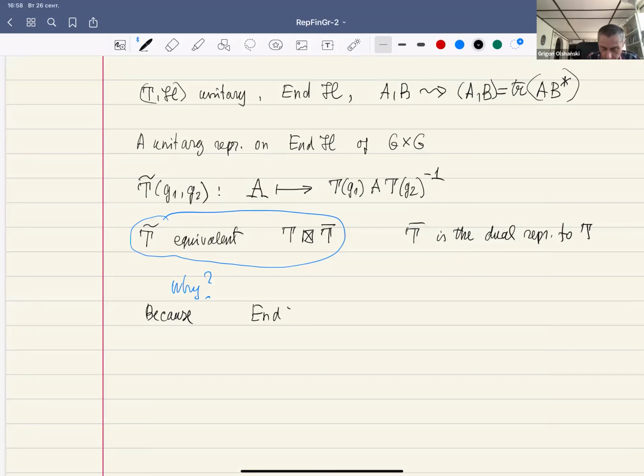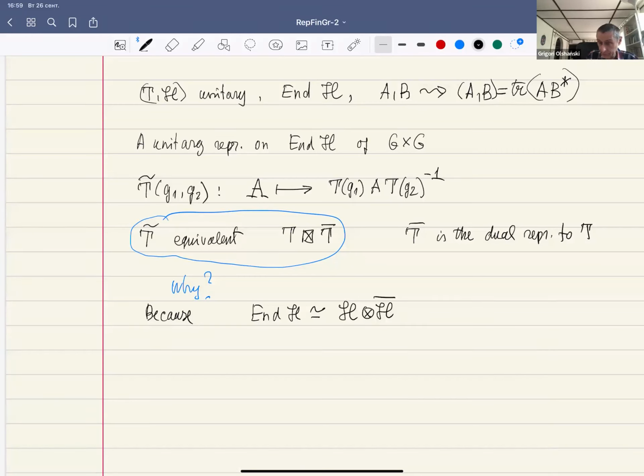Because H is canonically isomorphic to this one. In general, the space of linear operators on a finite dimensional vector space can be identified in a canonical way with the tensor product of our space times the dual space.